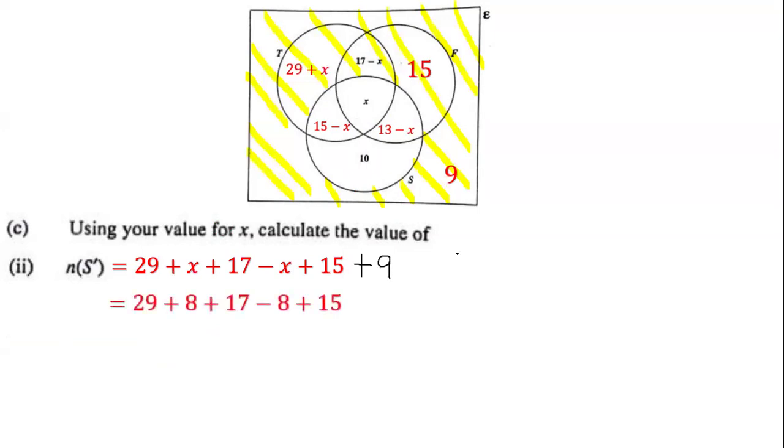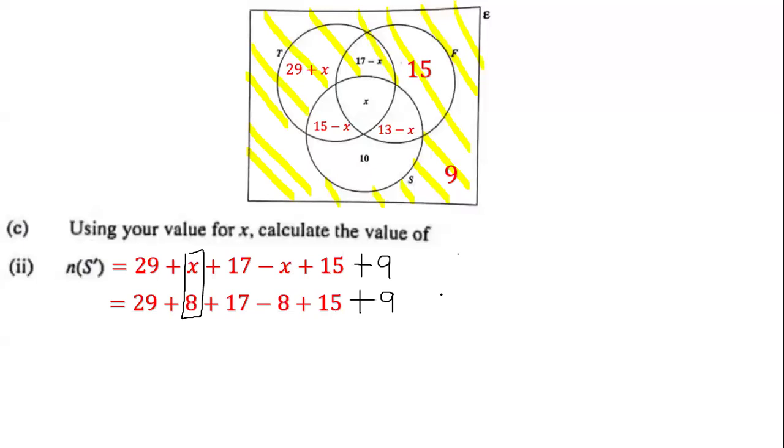And so what do we have? We say x is equal to 8. So we substitute, and don't forget to put the positive 9. All right, and so what else we have? Let's add that: 29 plus 8 plus 17 minus 8 plus 15 plus 9.